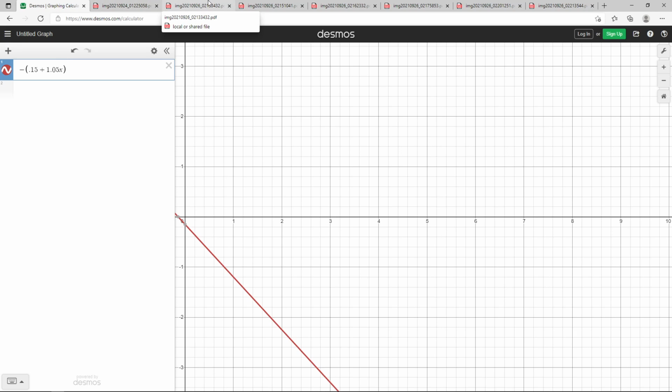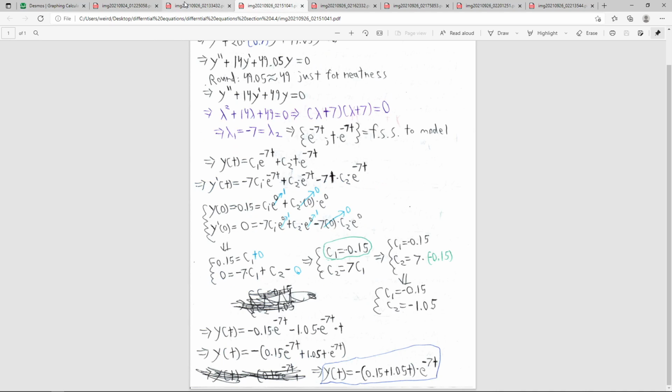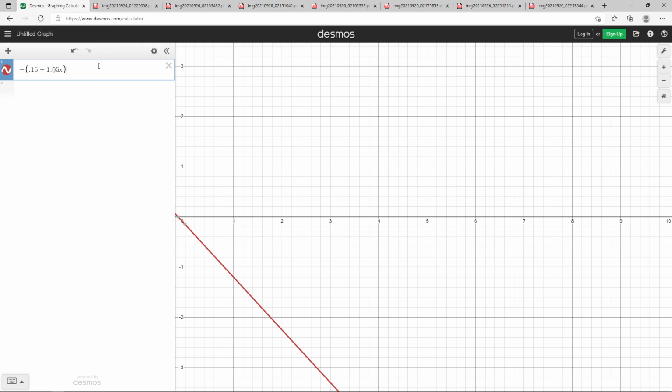We have negative 0.15 plus 1.05t in parentheses, then we have e to the negative 7t multiplied by it.